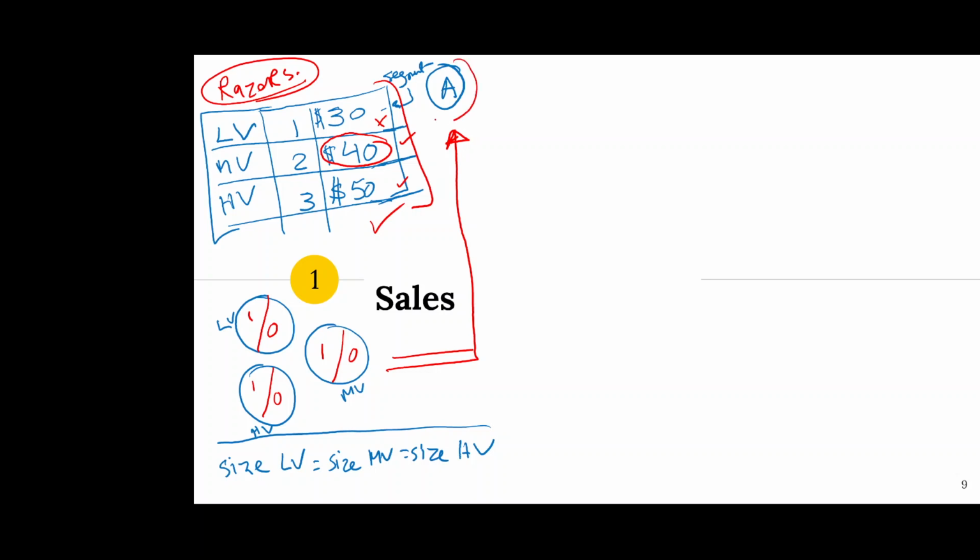So this is A. If the product price yields a surplus, then the proportion of the segment that they are ready to buy will buy.